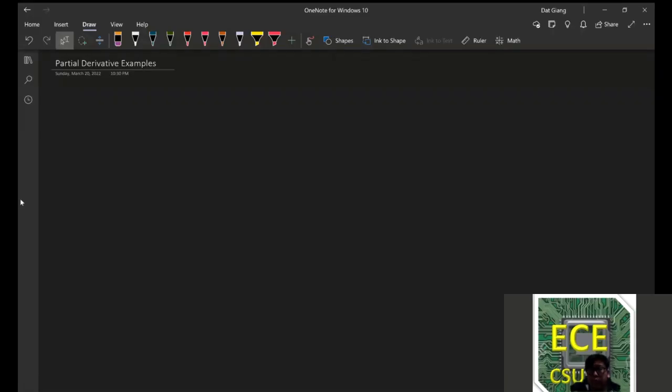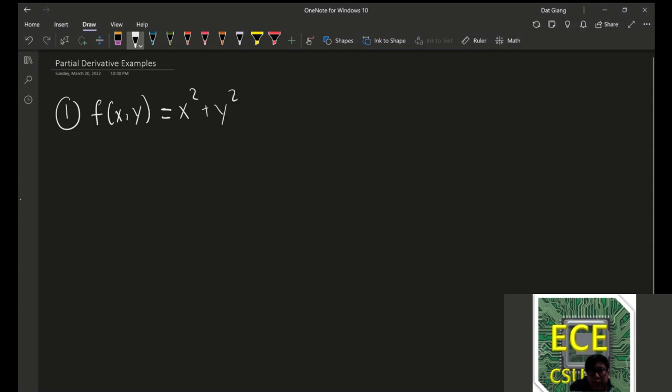So now we'll do some partial derivative examples so we can get a good feeling for partial derivatives. First, consider a function f of x, y, which is given by x squared plus y squared. We ask ourselves, what is the partial derivative of f with respect to x?